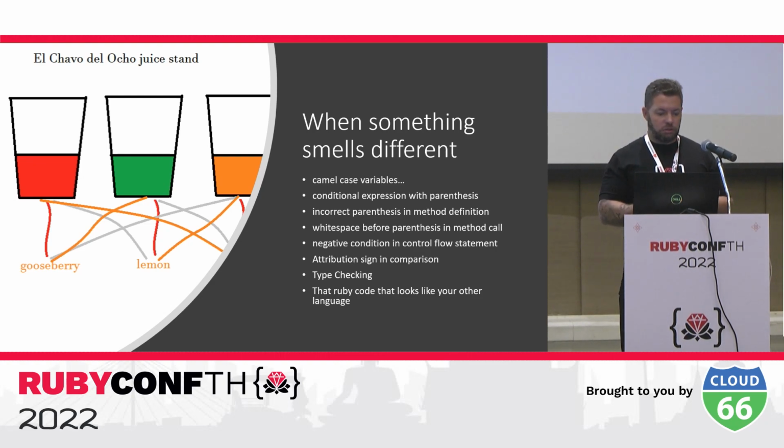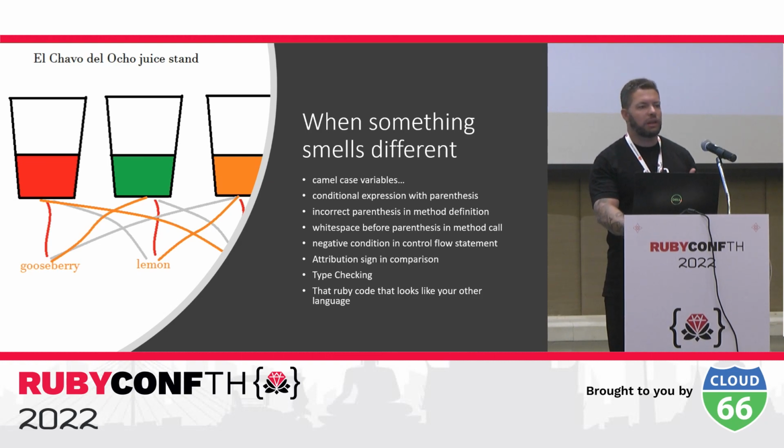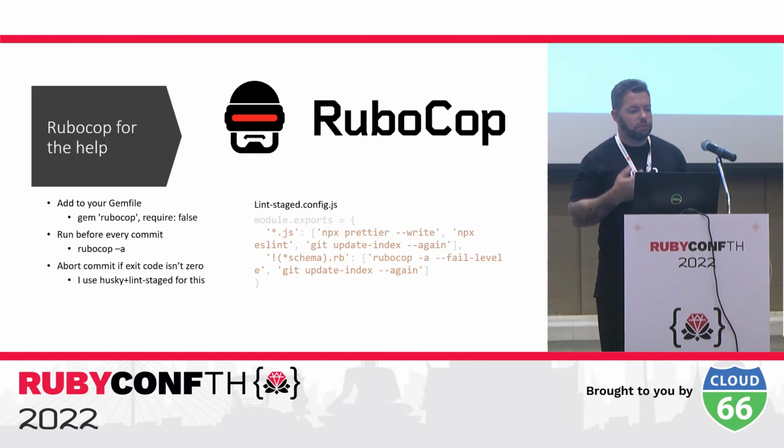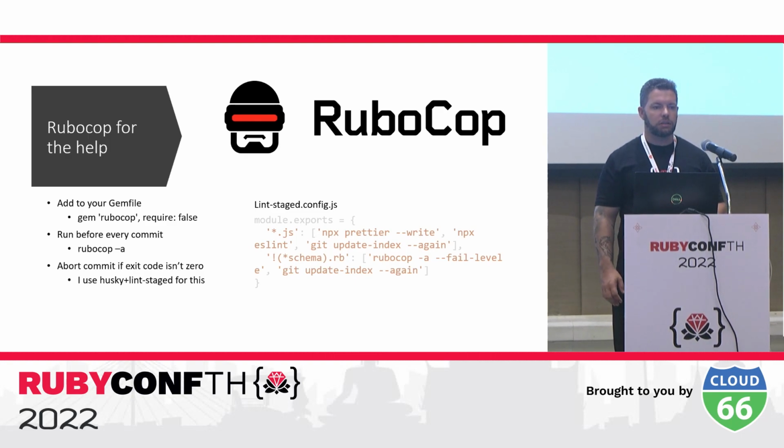And for these first scenarios, there are a few tools that will help you a lot, that will make your life a lot easier, and that can fix a few of these things by themselves. For example, RuboCop. My suggestion is always run RuboCop before committing.